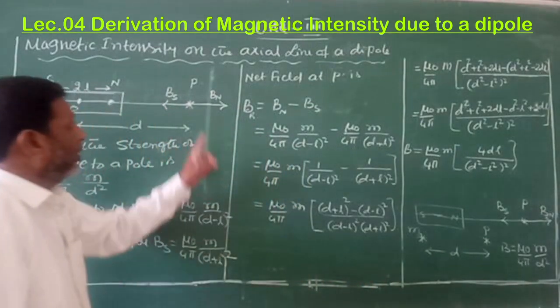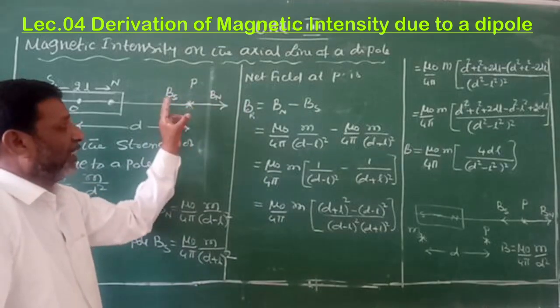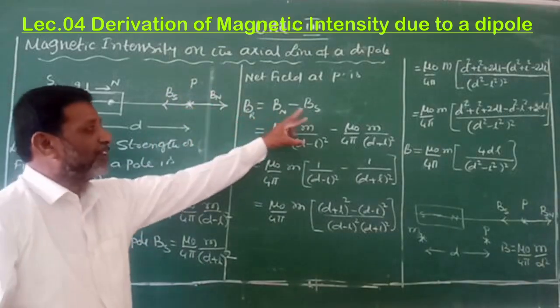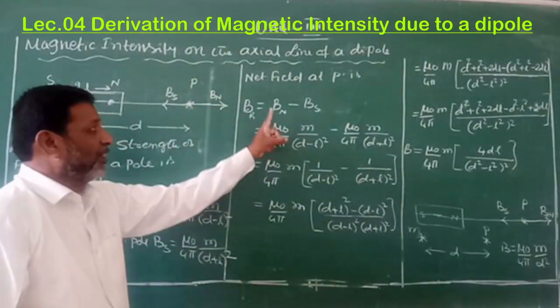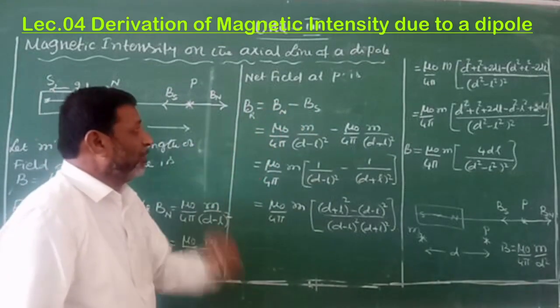Now we are applying this concept. Here, the field due to the north pole and the field due to the south pole are in the opposite direction. Hence, the resultant field is equal to the difference of these two, that is Bn minus Bs. Next, substitute these values.